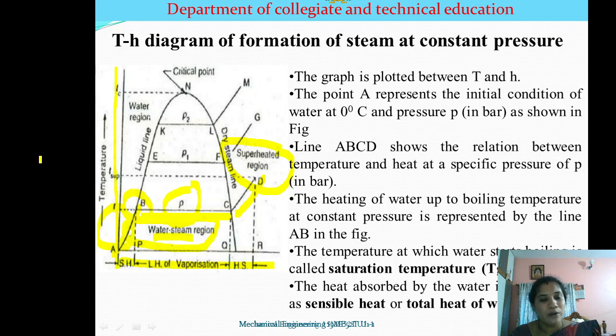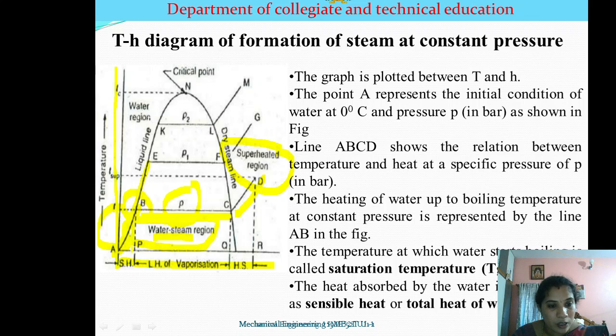Now let us increase the pressure to P1. If I take the pressure P1, you can observe clearly that the sensible heat has increased.